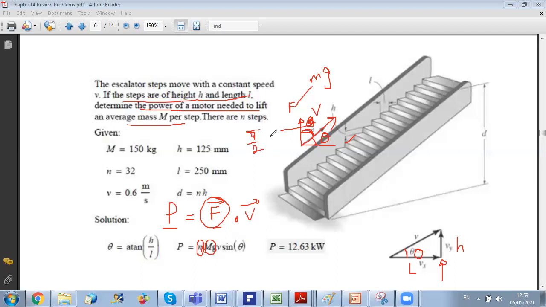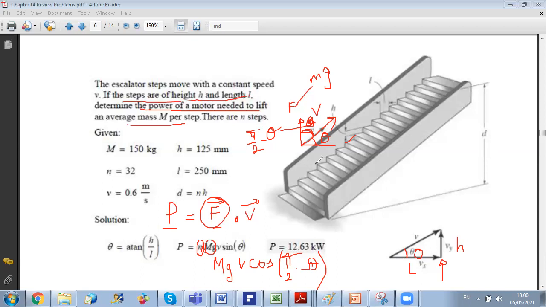When you do the dot product, you write that the power per step is mg times v times cosine of pi over 2 minus theta, and cosine of pi over 2 minus theta is equal to sine theta. Now, how to find the value of theta? The value of theta is determined by the dimensions of your step.